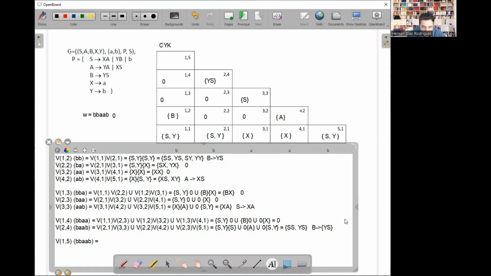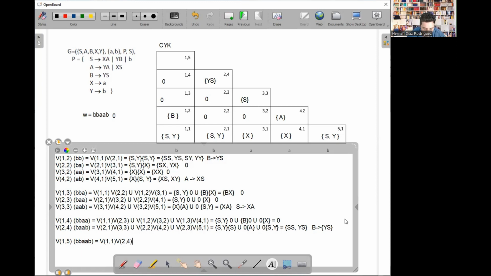Starting in the position 1 with 5 characters, which is the full word. So we can start by the first character, and then we can concatenate what produces the other 4 characters. That's the first option.